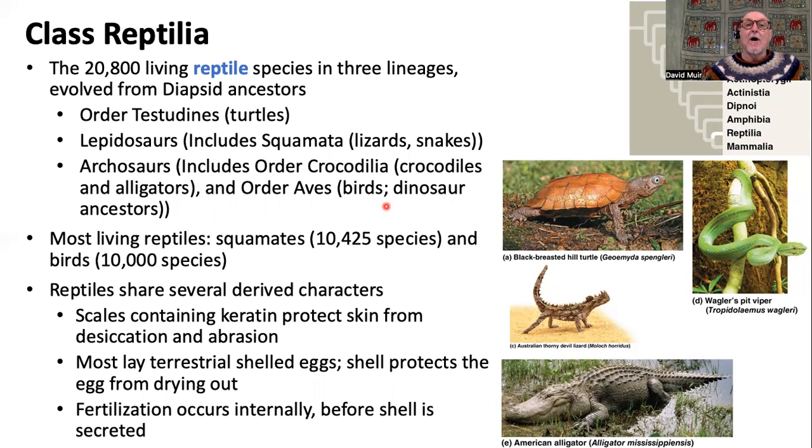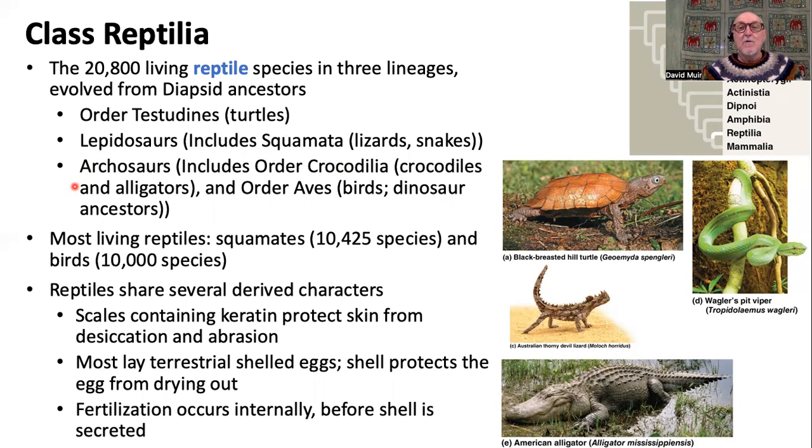So the reptiles are divided into various groups. We think that one of the most ancient groups in actual fact are the turtles and the tortoises, which are, however, highly modified. The next group are called the Lepidosaurs, and those are the lizards, the snakes, and their allies. Then there's this group here, which are the Archosaurs.